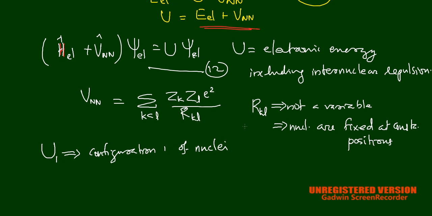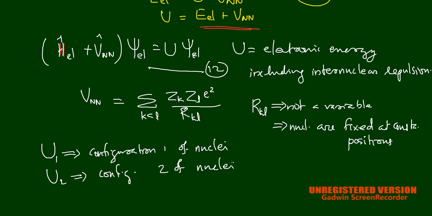Again you change the RKL value for configuration 2. Once you fix the RKL value for configuration 2, it's not a variable. Then you solve the Schrodinger equation again and get a U value equal to U2, which corresponds to configuration 2 of nuclei.